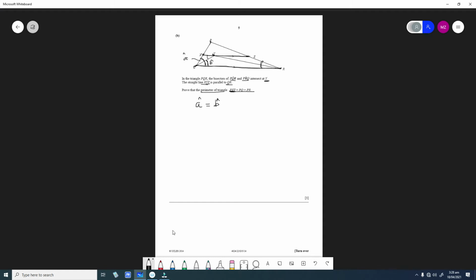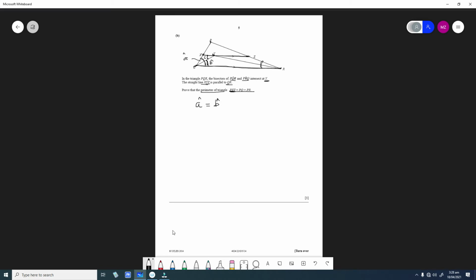Now, why are these two angles equal? Because this angle, this may be angle C, and the angle B are alternate angles. We know that if the lines are parallel, then the alternate angles are equal.